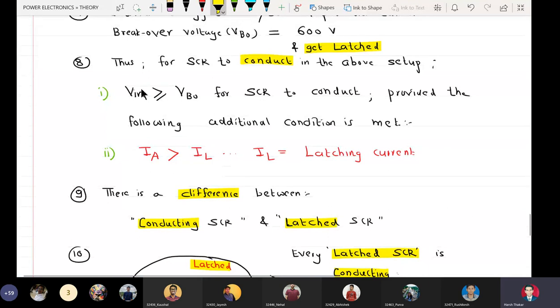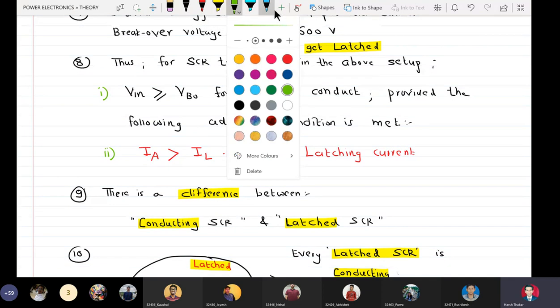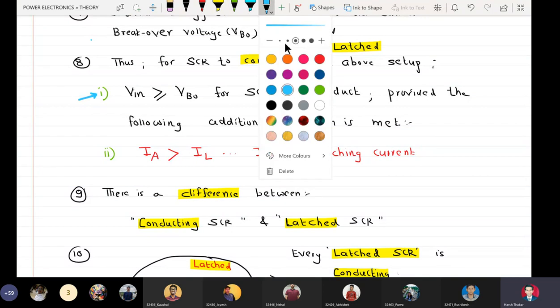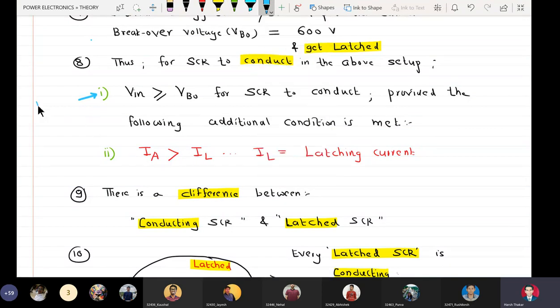Okay, so we can say that this is the necessary condition and this is the sufficient condition.